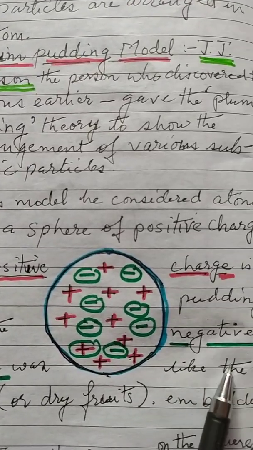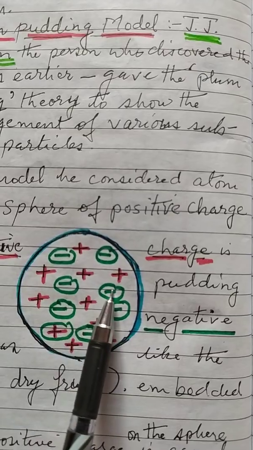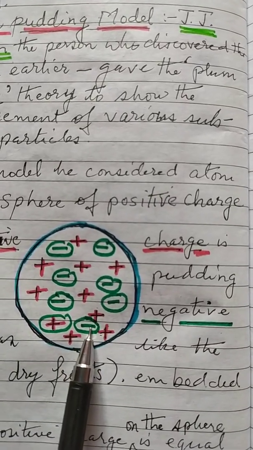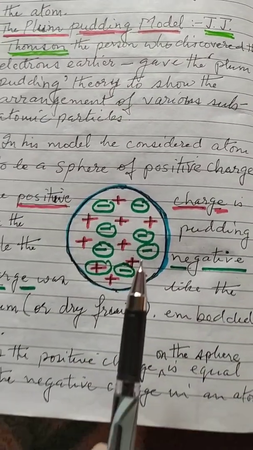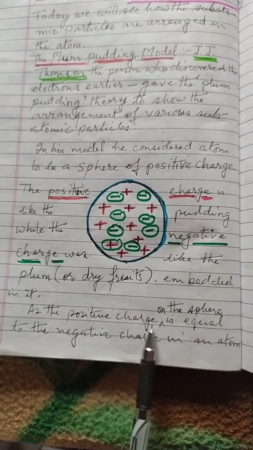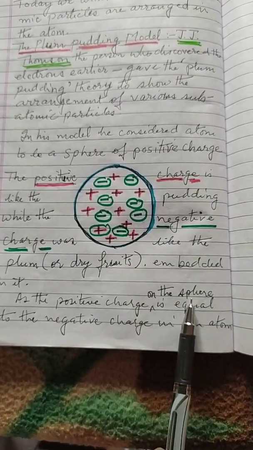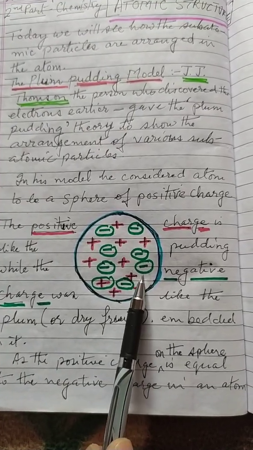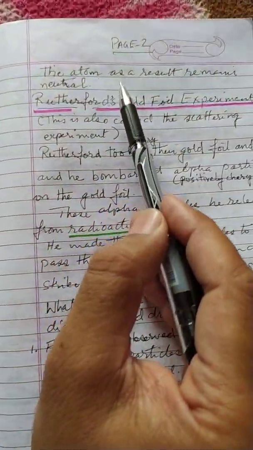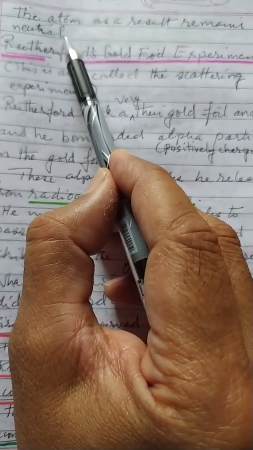And the negative charges are like the plum, or like the dry fruits in the pudding, as you see. As the positive charges on the sphere are equal to the negative charges in an atom, the atom as a result remains neutral.